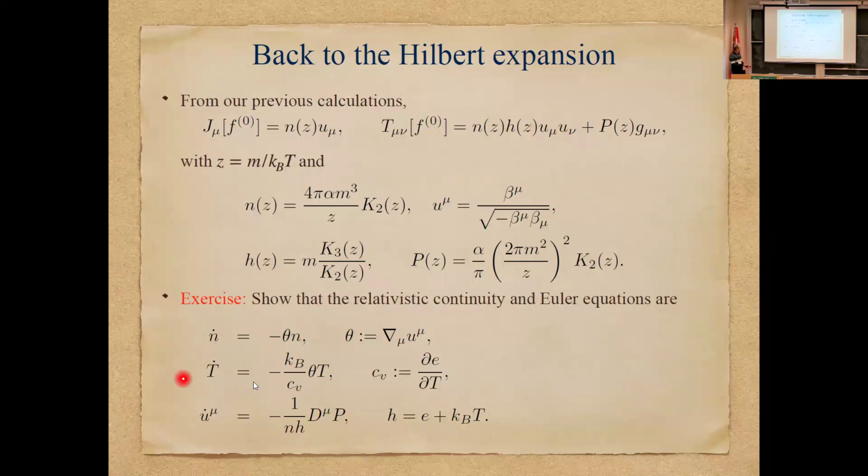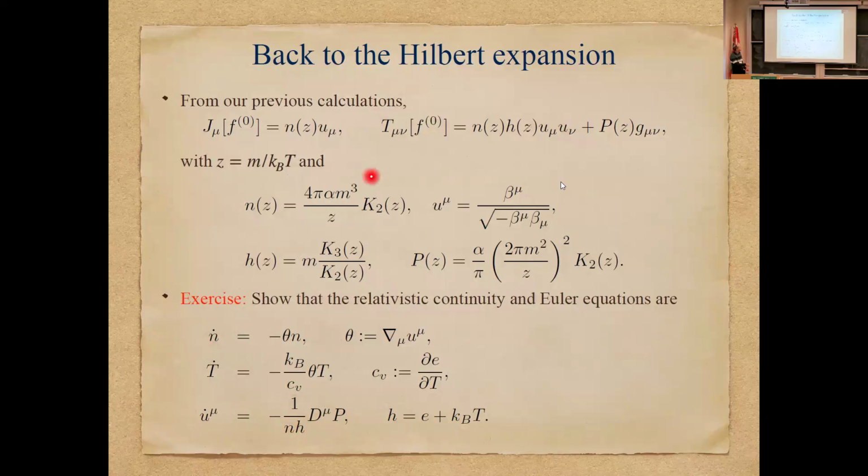Then there's an equation for the propagation of the energy density, or you can turn this into an evolution equation for the temperature. So C_V here is the derivative of the energy per particle with respect to the temperature. And then the acceleration is minus the pressure gradient divided by n h.